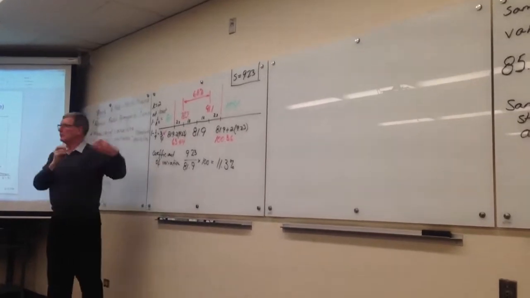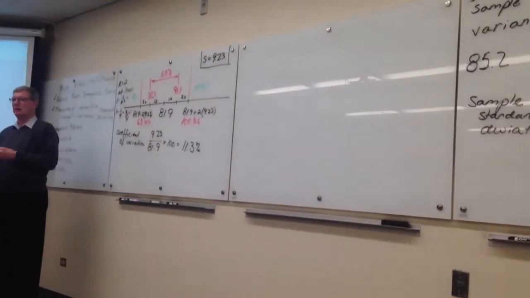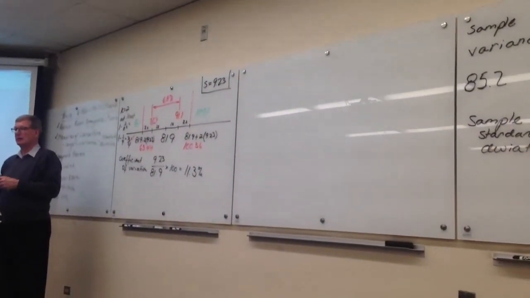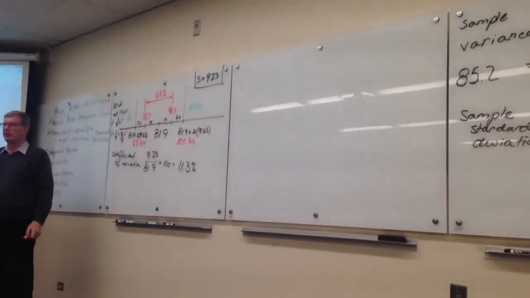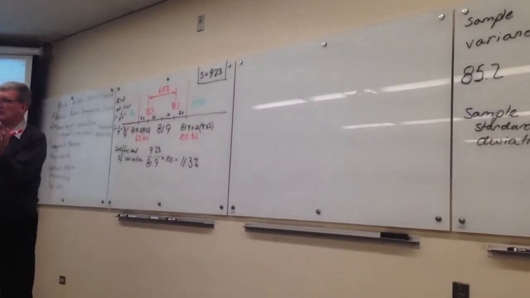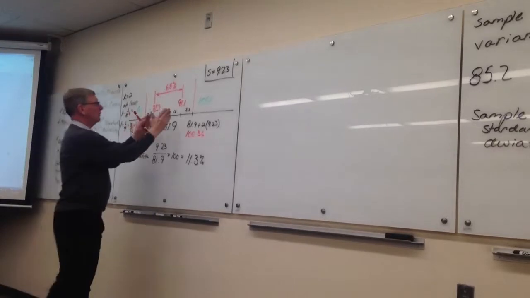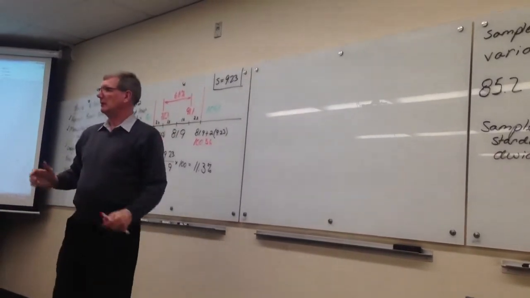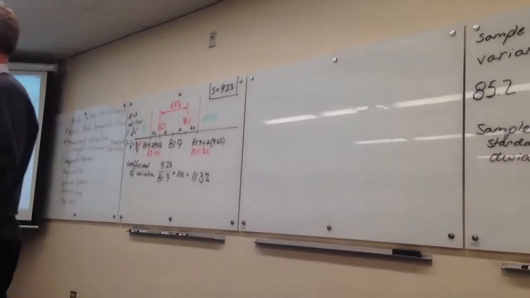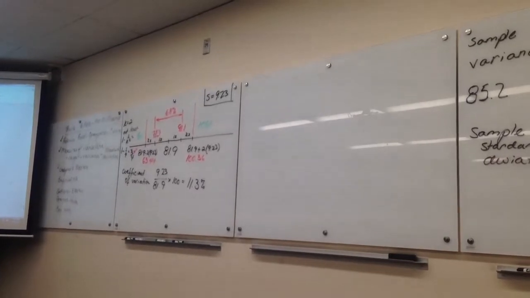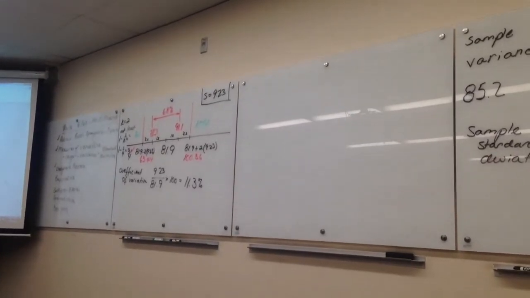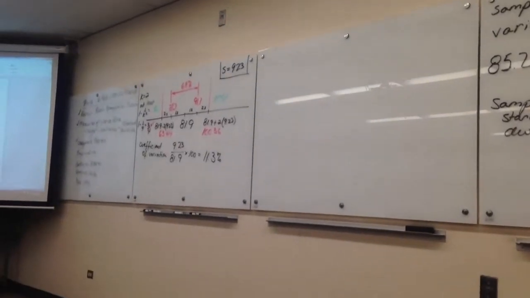How many pieces of data should I find in there? 20.4. 20.4, Andrew? So I should find about 20 pieces of data in this range. Somebody tell me if it worked. How many pieces of our data are in that range? 22. So looking pretty good, isn't it?